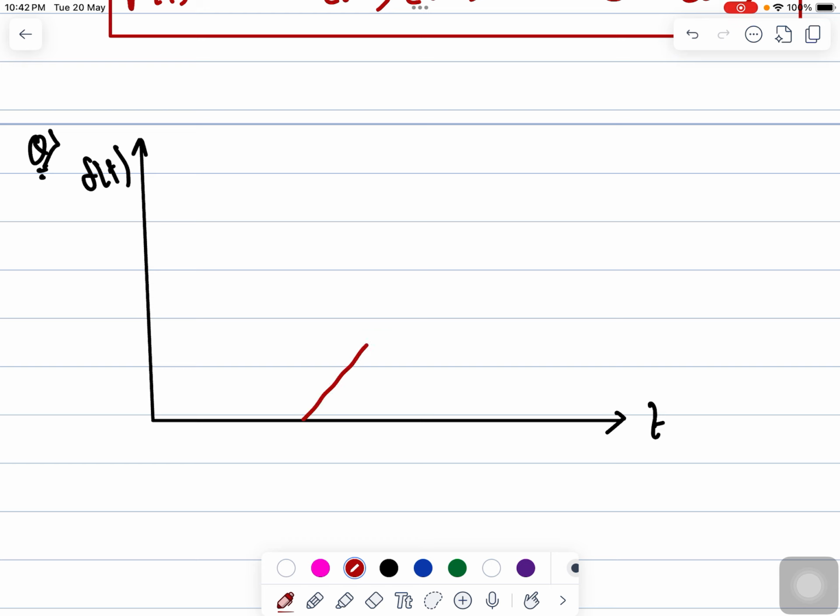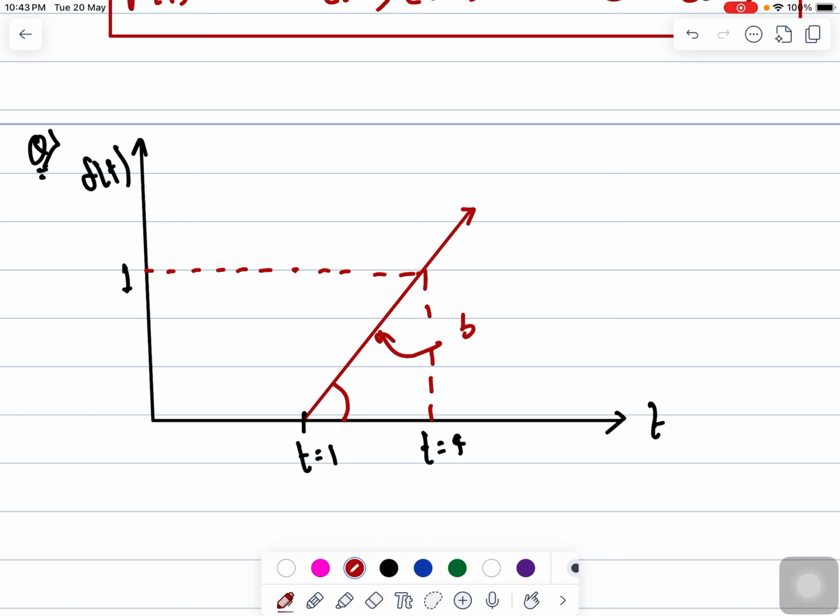And if I am assuming this t is equal to 4, this value is 1, and here t is equal to 1. So what you see here, what is the slope? The slope of this line is y by x, that is 1 by 4. That is the magnitude of the slope.